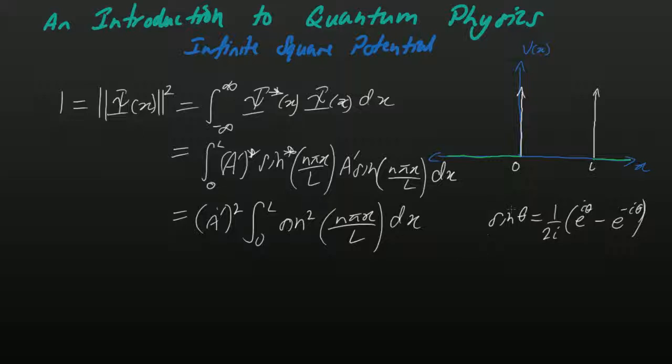If we do this complex conjugate, we get a negative i here, negative i there, and a positive. This negative can go inside here, and all you get in return is sine theta again. That was just a quick aside.